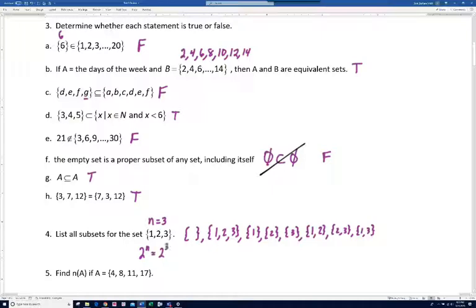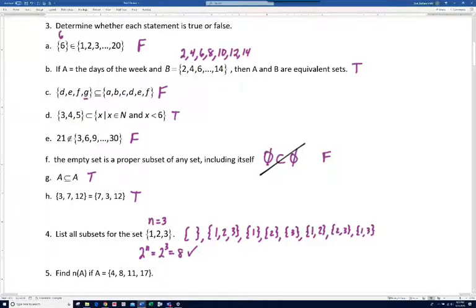So 2 to the 3rd power is 8, and so we should get 8 subsets, and that's exactly what we got. So make sure you know this formula, 2 to the n, where n is the number of elements in the set. It tells you how many subsets there are. If you want to know how many proper subsets there are, you just subtract 1, because you couldn't include the set itself.